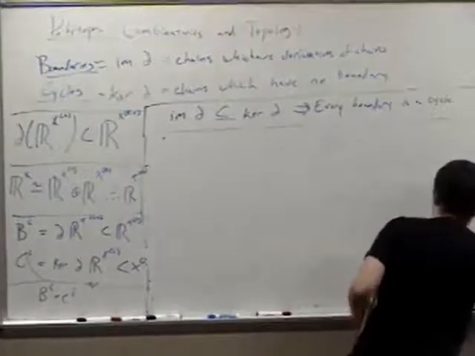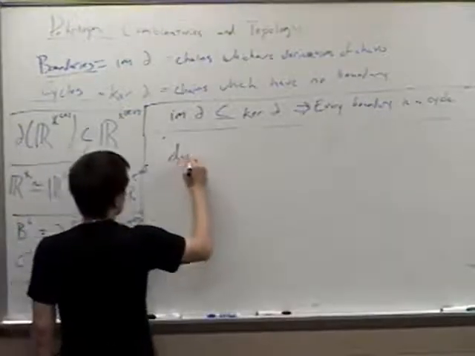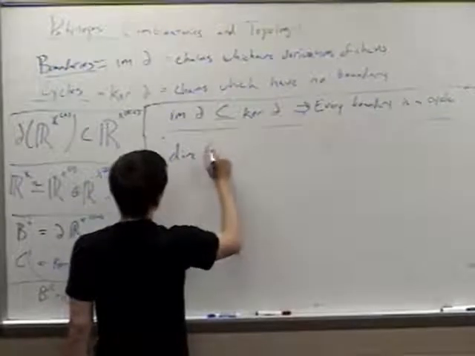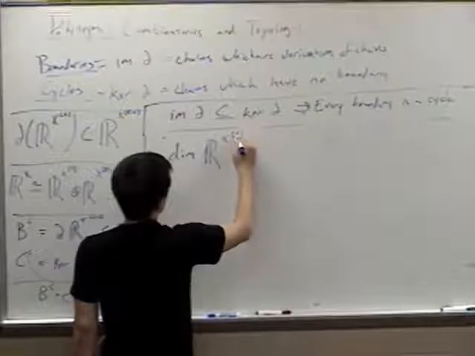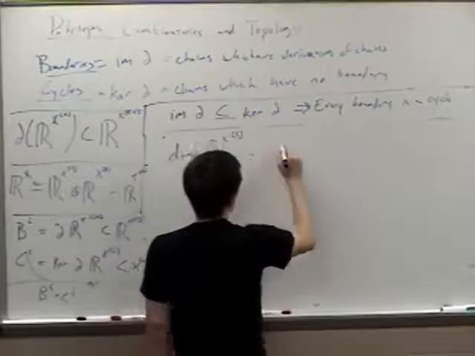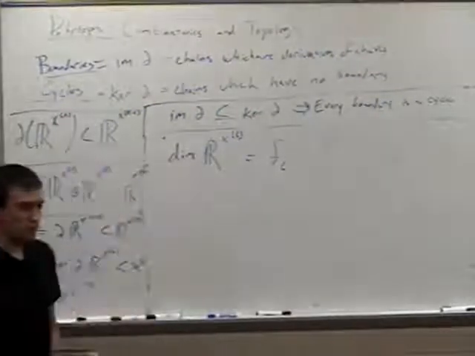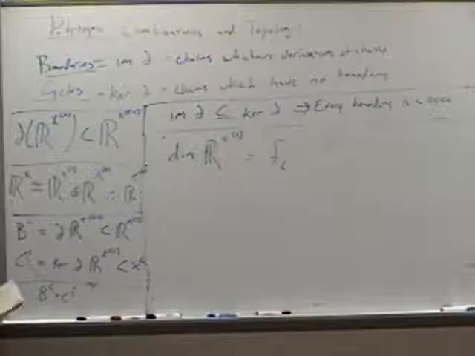So here's the idea. We know that the dimension of R^{X_i} is equal to the ith component of the f vector. So we can relate these values of the faces to this result.